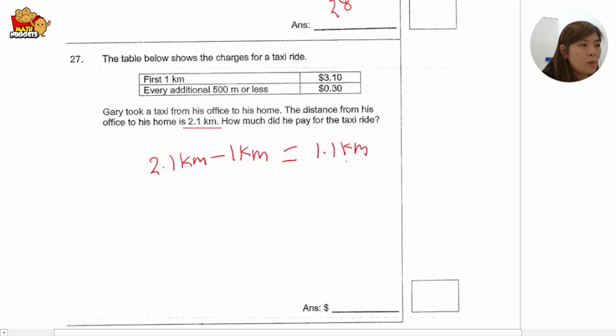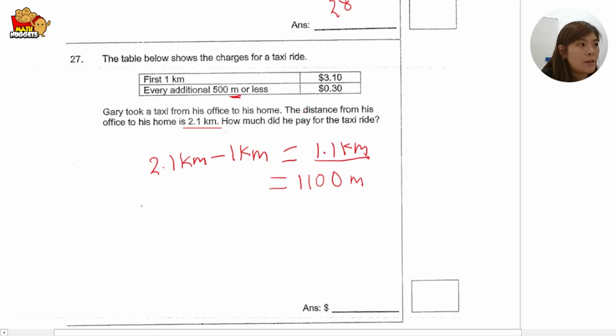The next step is the additional distance. If you compare this with this, you realize that there's a difference in units. To make things simpler, we change everything to the same units. So 1.1 km we change to meters, we have to multiply by 1000. This gives us 1100 meters.